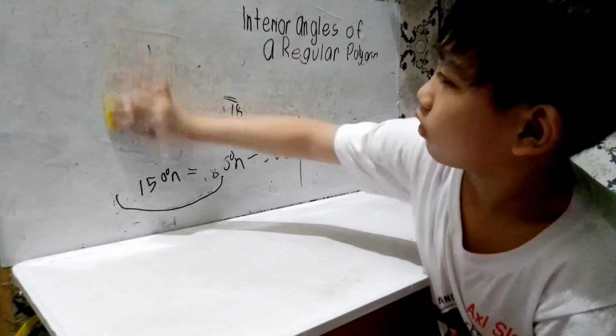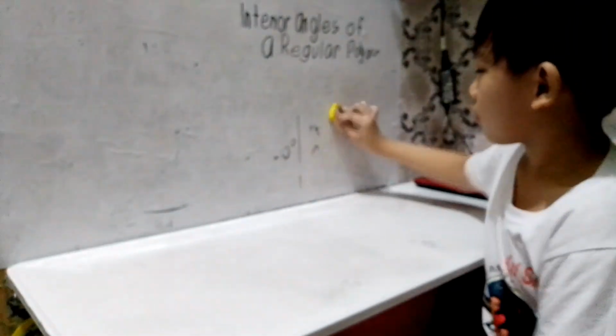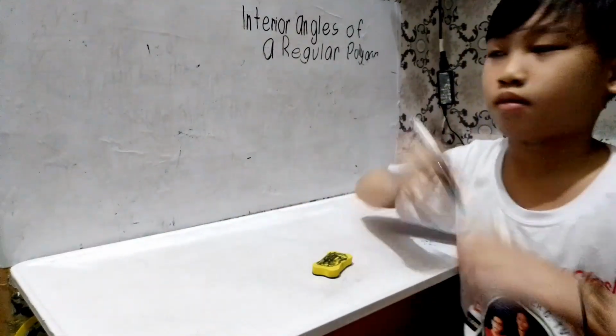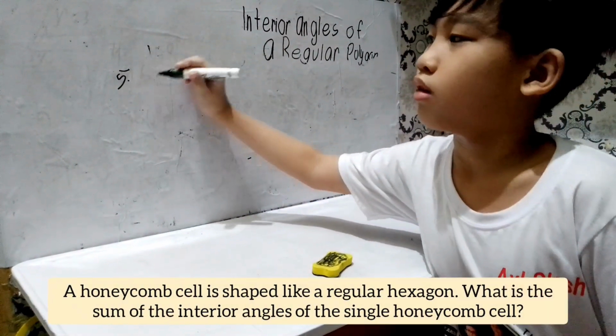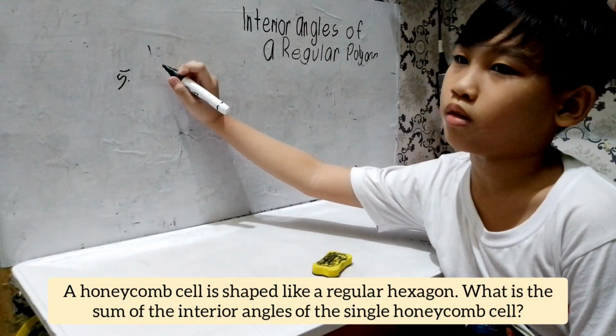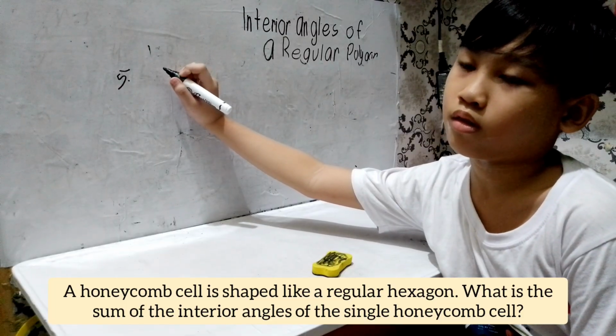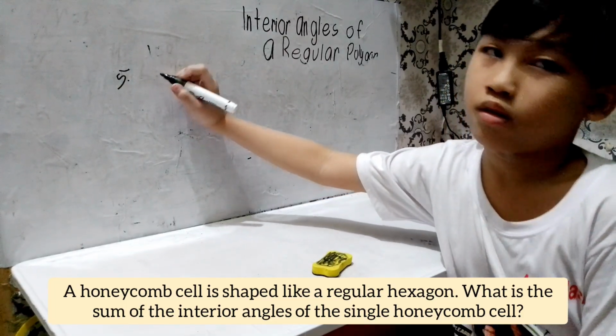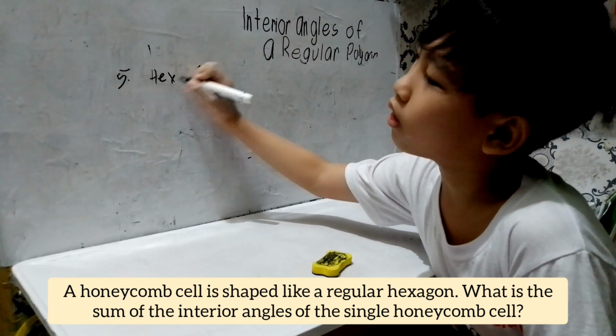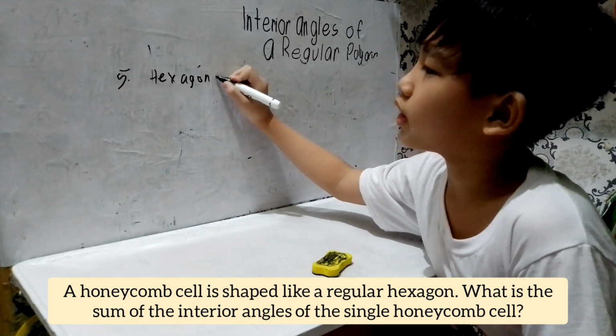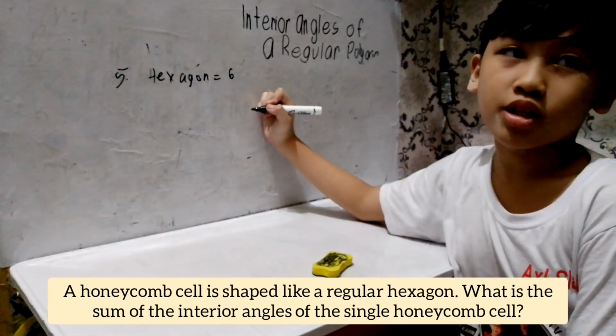Next. A honeycomb cell is shaped like a regular hexagon. What is the sum of the interior angles of a single honeycomb cell? So you are given a polygon, a hexagon, which has 6 angles.